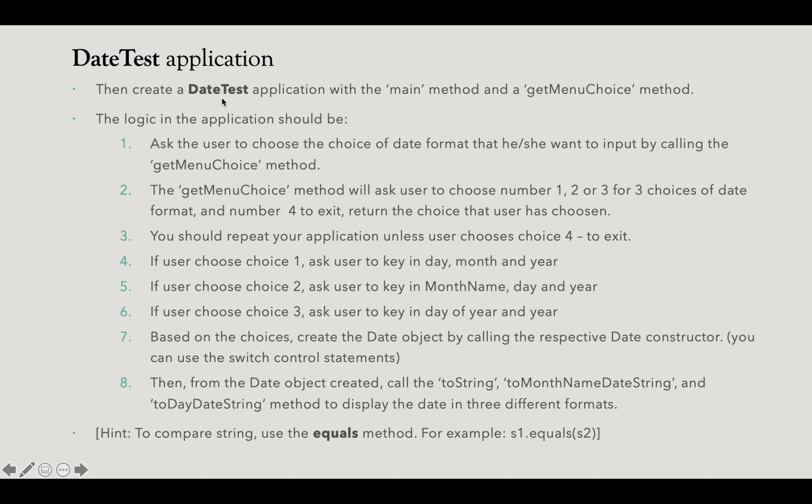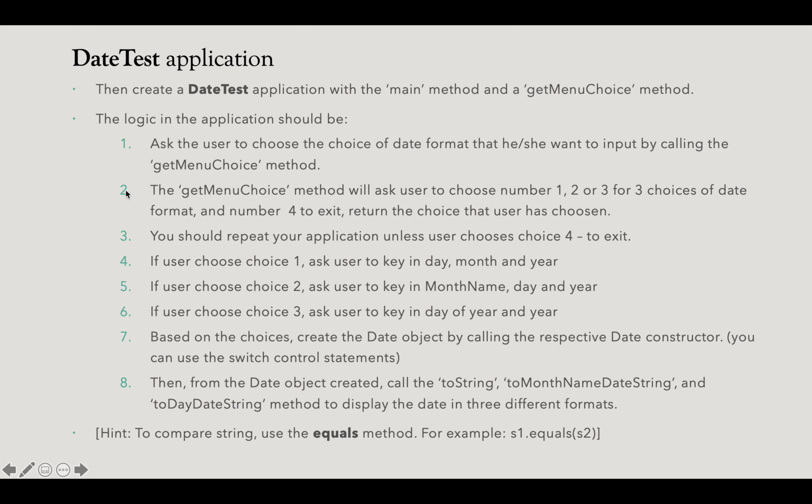We are going to create a date test application with the main method, okay? And we have this get menu choice method inside this class, right? The application should ask the user to choose the date format that he or she wants to input by calling the get menu choice method.